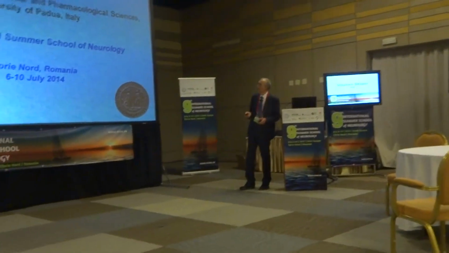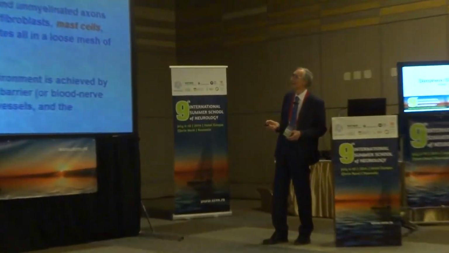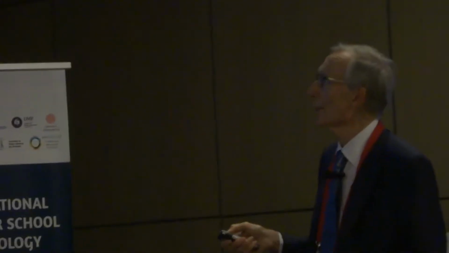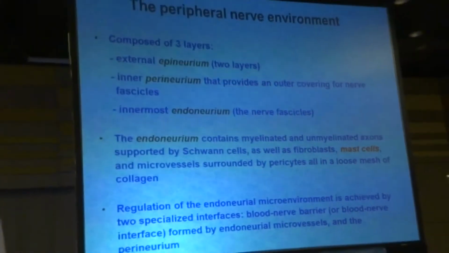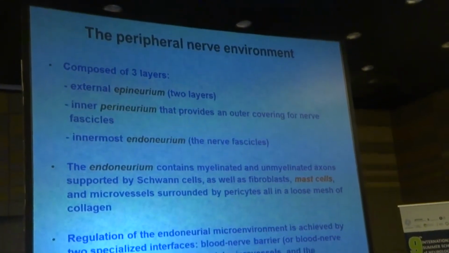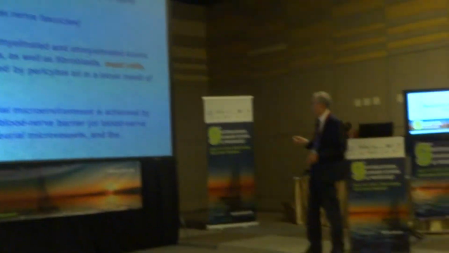So if we look at the peripheral nerve, just very basic anatomy, which you may know already, it's made up of 3 components. There is the external epineurium, the perineurium, which covers the nerve fascicles, and the innermost endoneurium, which has the fibers with and without myelin, supported by Schwann cells, fibroblasts, some mast cells, which I've highlighted.